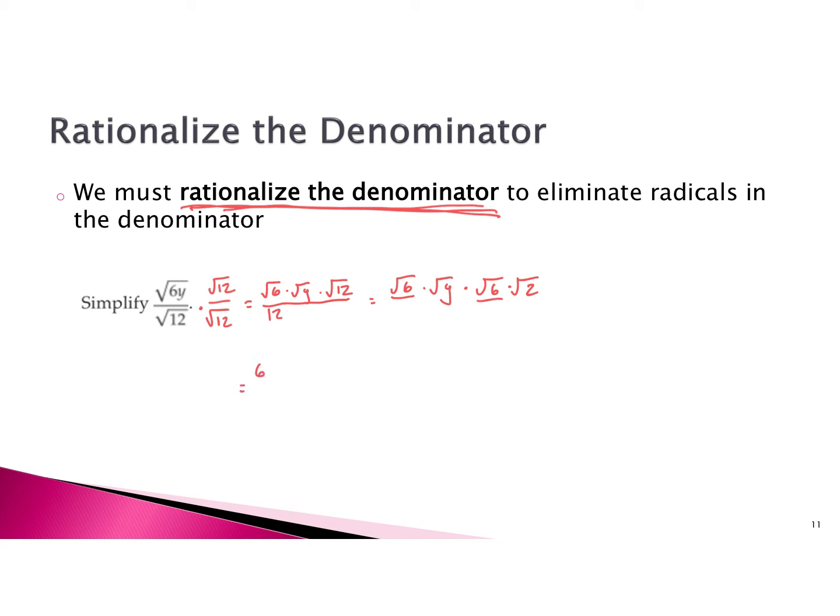So I'm going to have 6, square root of y and the square root of 2 don't simplify any further, so 2 and y. And then my denominator is 12. My last step is that my numbers can simplify further, which means this will cancel, and I have the square root of 2y over 2. And that is the completed simplified fraction.